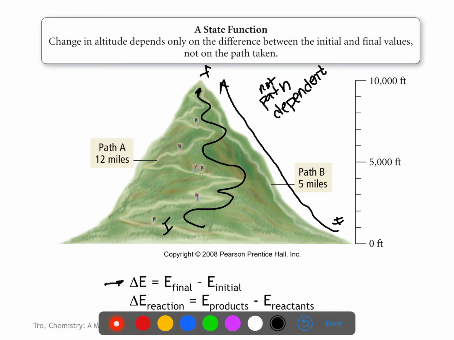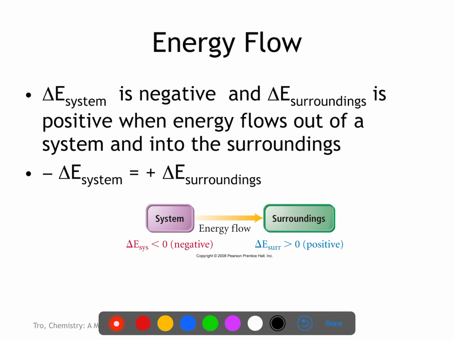Now, putting that in with what we just learned about system and surroundings and how it's a transfer of energy and the total energy has to be zero because it's constant, we look at this. So energy flow: when the energy of the system is negative and the energy of the surroundings is positive, the energy flows out of the system into the surroundings. So if the system is negative, it means that the energy from the system went into the surroundings.